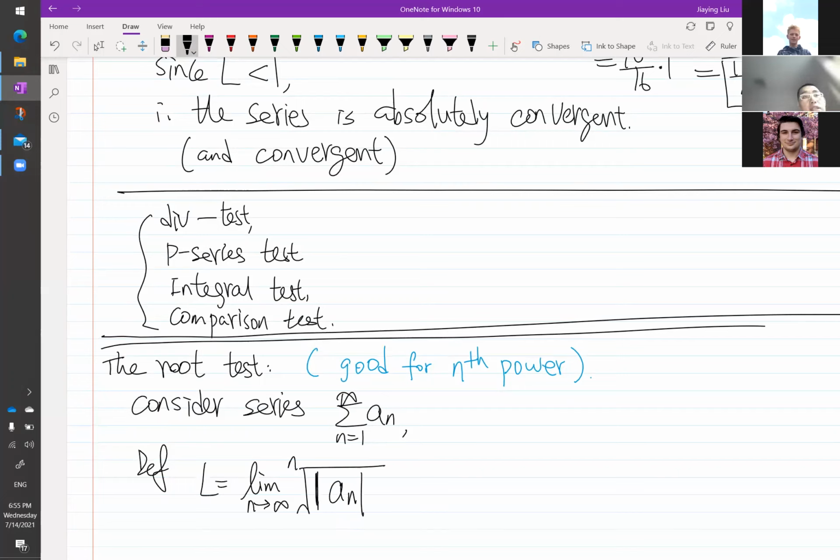So that's how we define the L here. Instead of the ratio, we take the nth root. Or you can write it as the limit as n goes to infinity of the absolute value of a_n raised to the 1 over nth power. Either notation is okay.